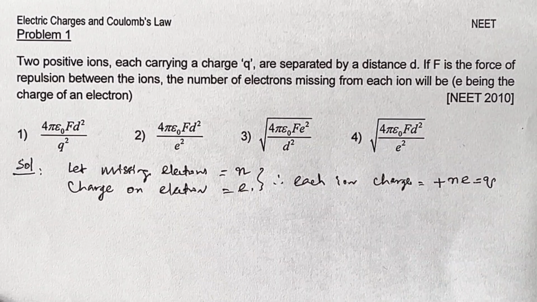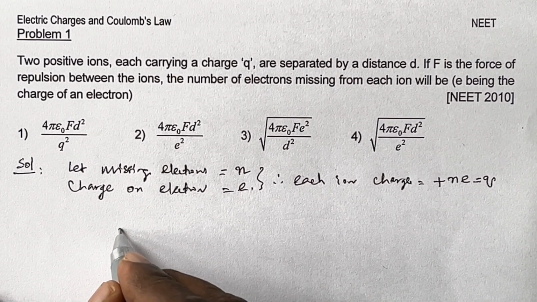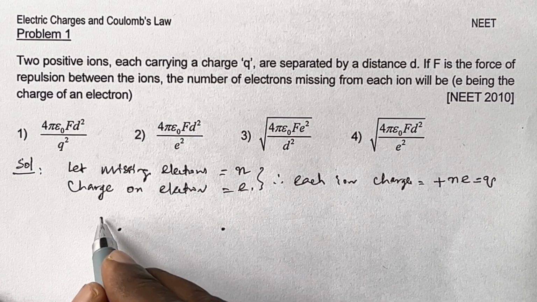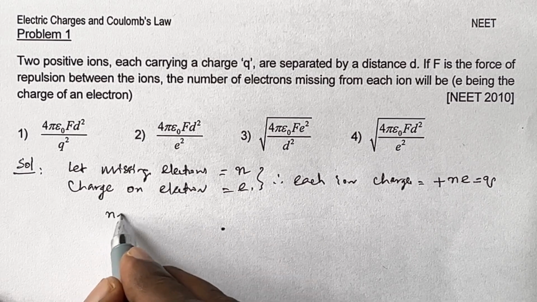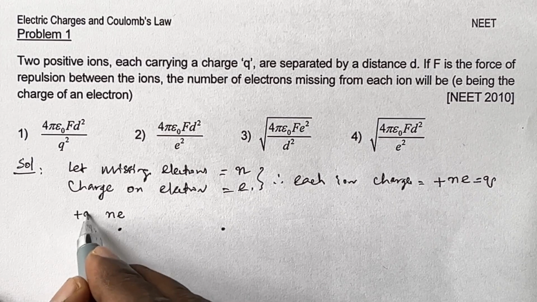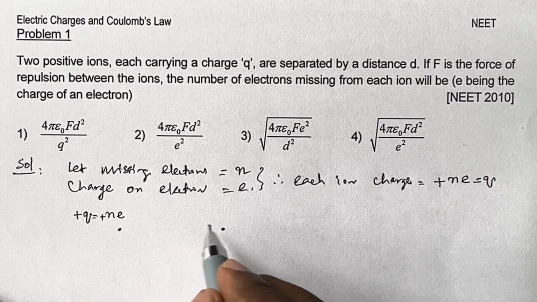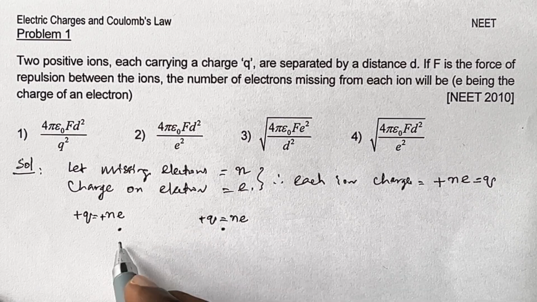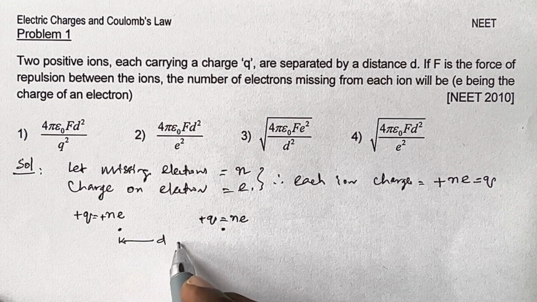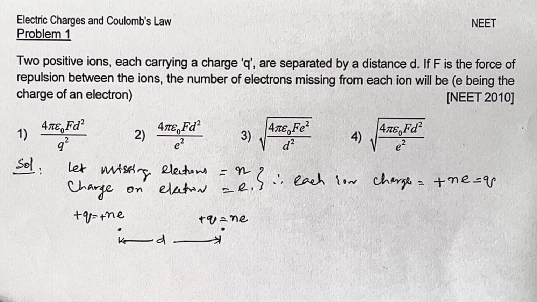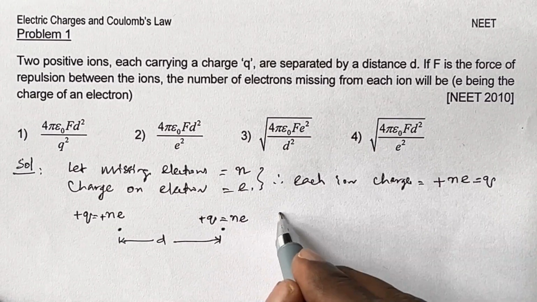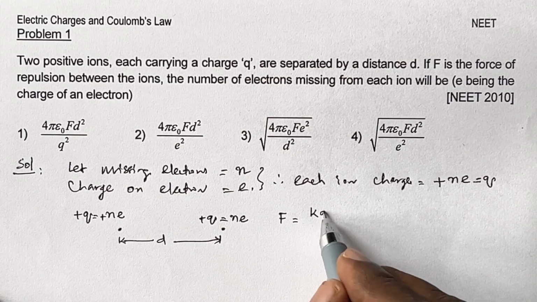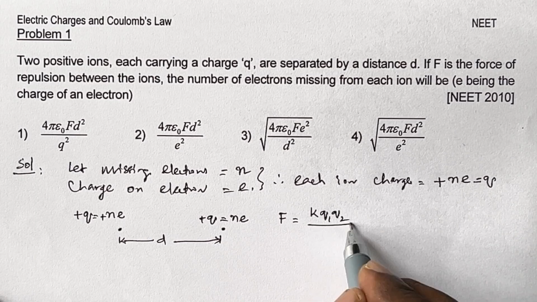So let us come back to the problem. Two ions are there. This ion's charge is plus ne, and this charge also is plus ne. The distance between them is d. So let us calculate the force. Force formula: k Q1 Q2 by r square.